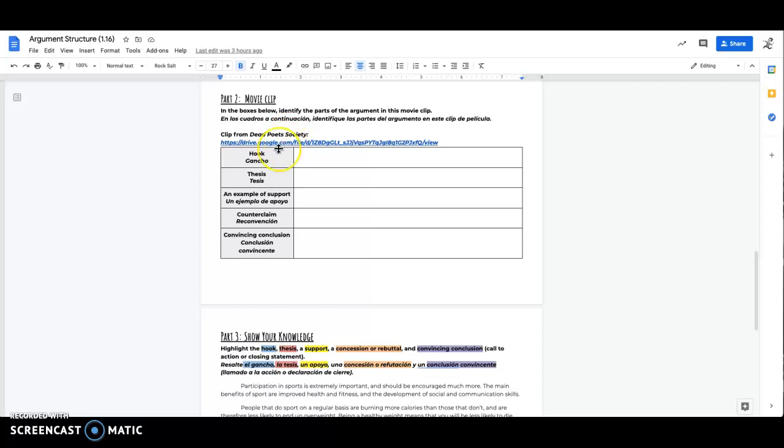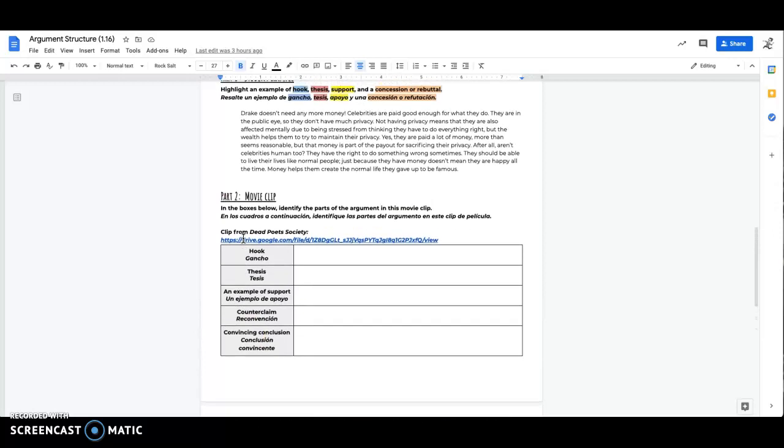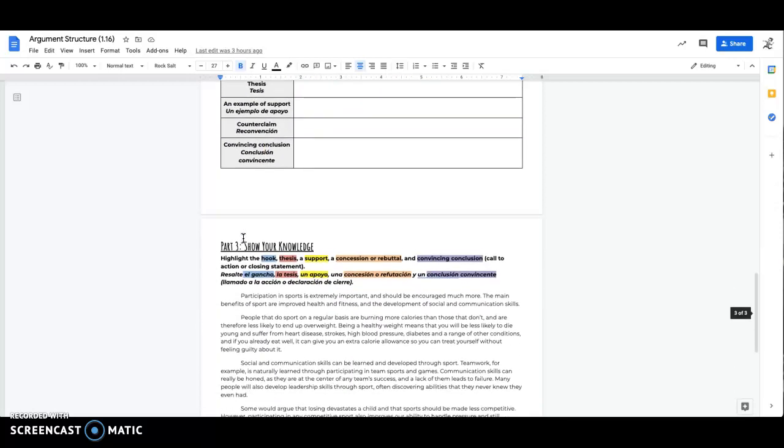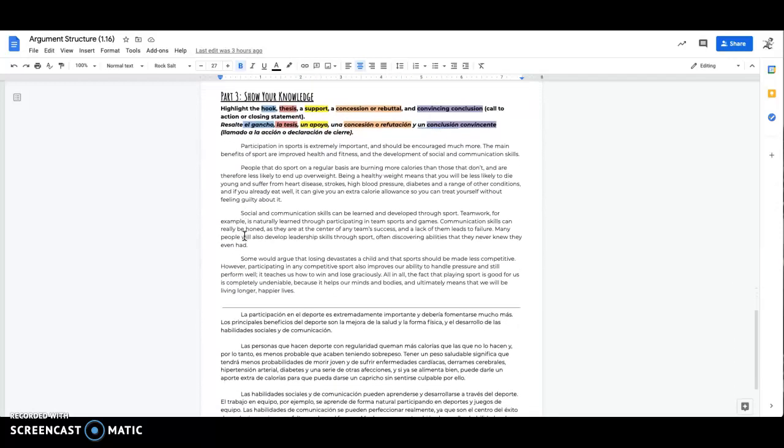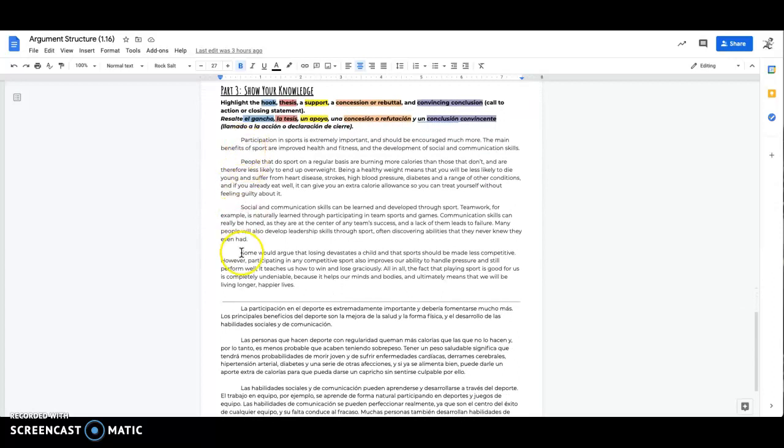And in that clip, you will do the same thing. You'll be looking for hook, thesis, support, counterclaim, and convincing conclusion. Then lastly, you are looking at this short essay, and again, trying to identify those 5 elements of an argument by highlighting them in the correct color.